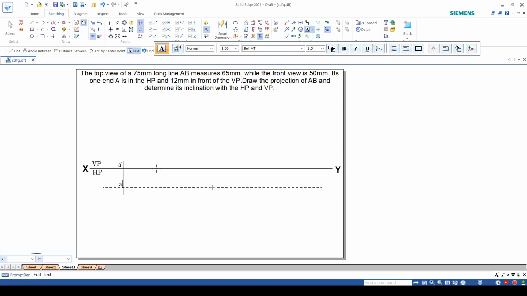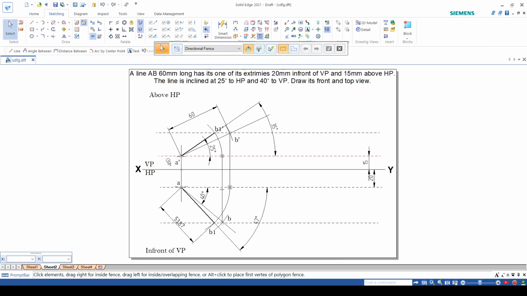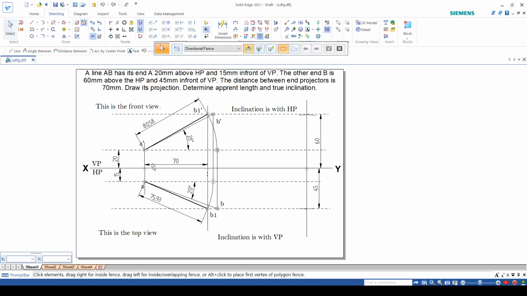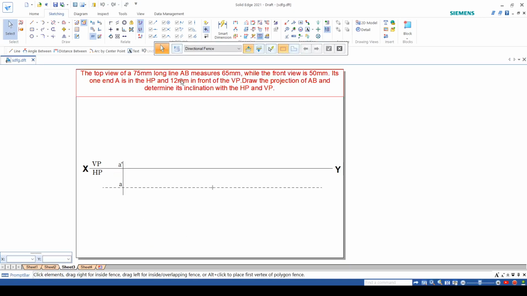What's the front view? The front view is this one, HP is this. This is the front view, this is the top view. So the top view of the line is 65. Now how do we have to draw it?